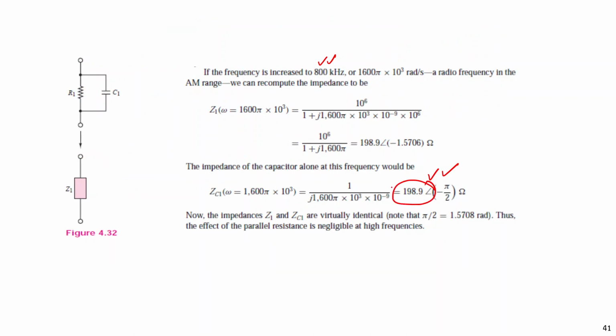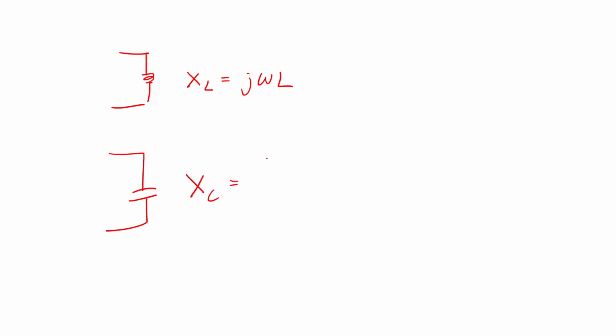You can see that for inductance, the reactance will be J omega L. For capacitance, the reactance will be 1 divided by J omega C. In this case, omega is 2 pi F.